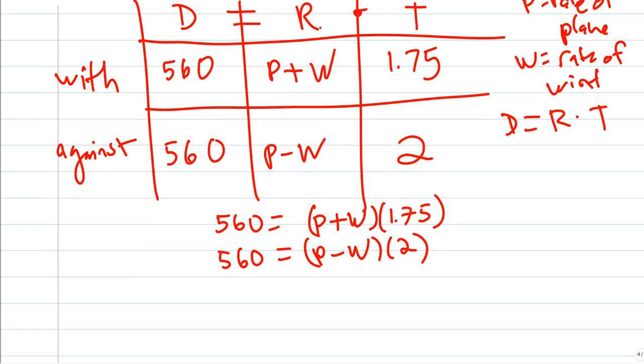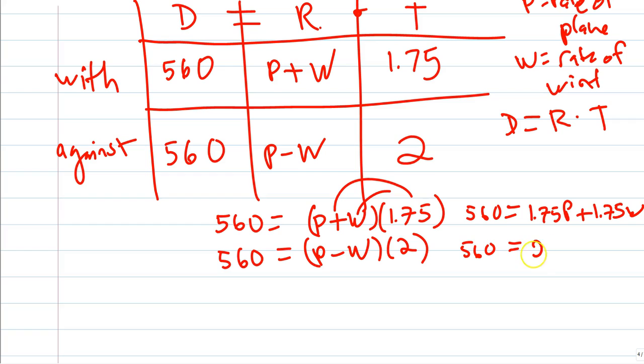Before I do anything with these equations, I'm going to go ahead and distribute that number. So simplifying this one, I get 560 equals 1.75P plus 1.75W. On the bottom, I get 560 is equal to 2P, 2W.